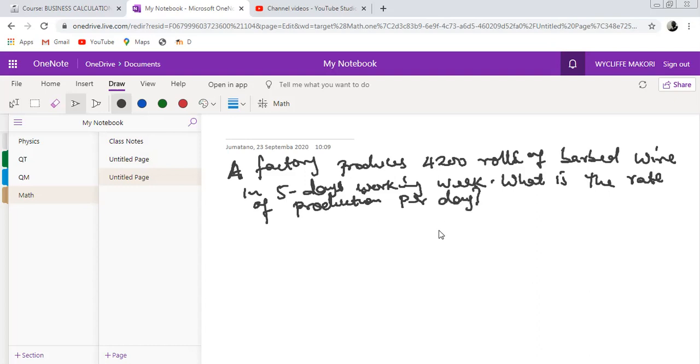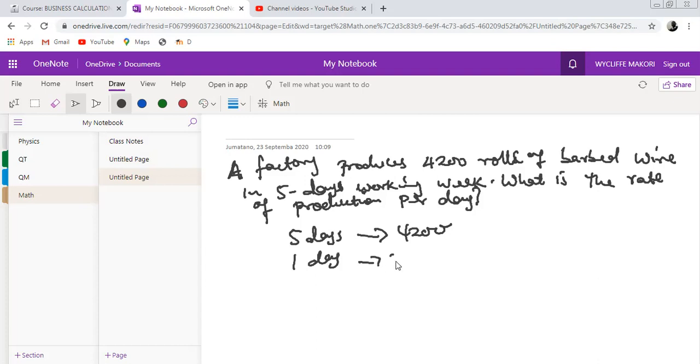In 1 week, they normally work for 5 days, and in those 5 days the factory produces 4,200. So we can ask: if for 5 days 4,200 rolls are produced, what about 1 day?